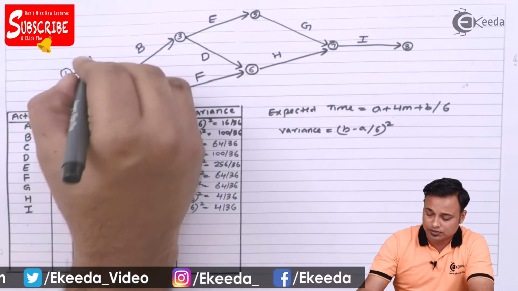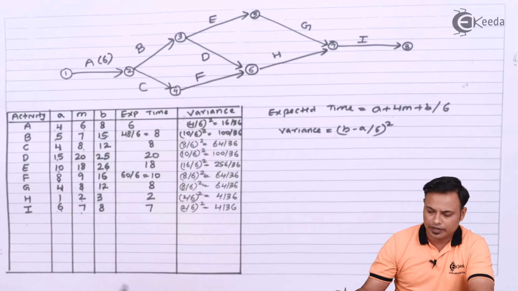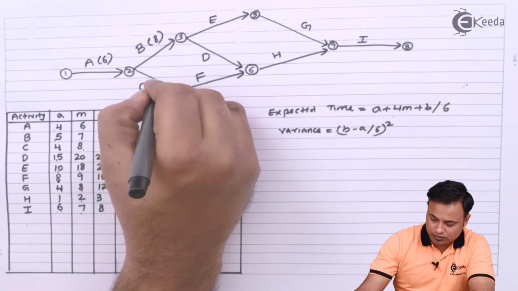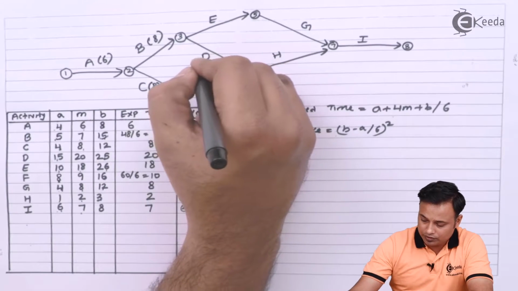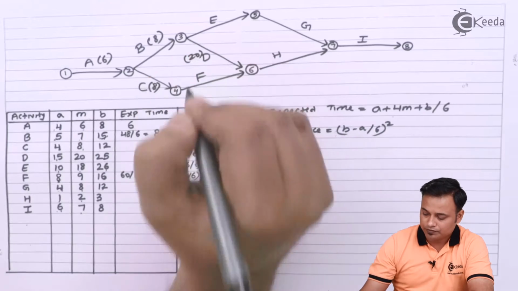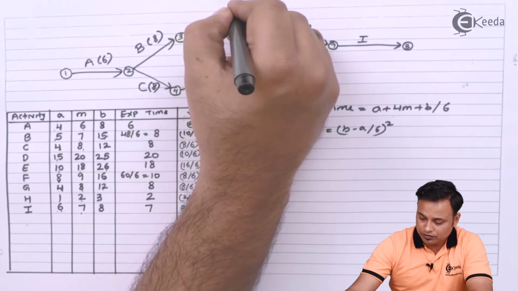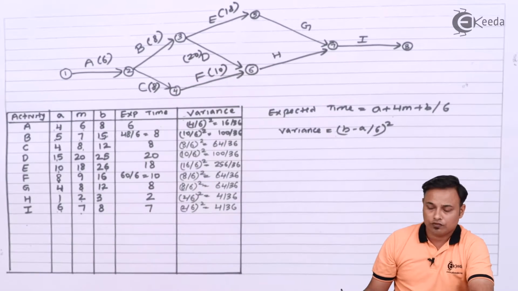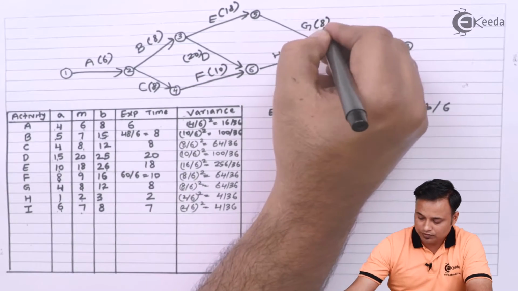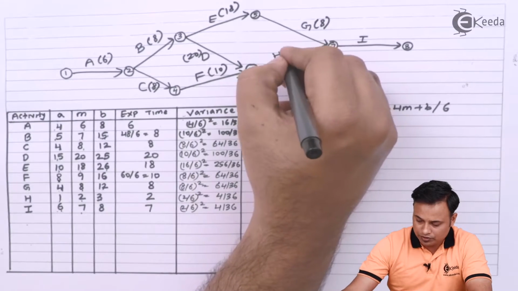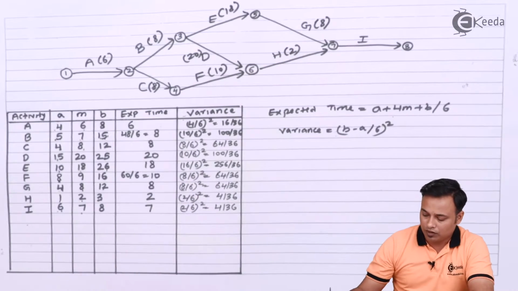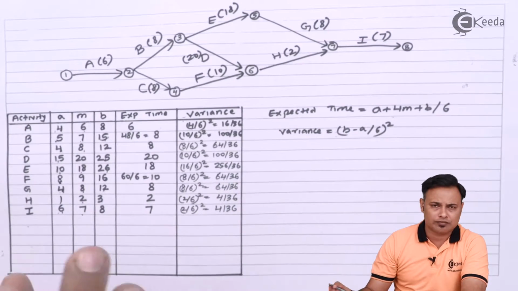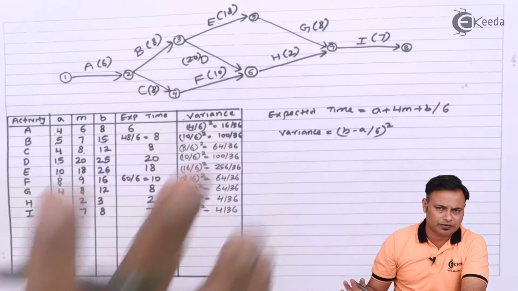For A it is 6, for B it is 8, for C it is 8, for D it is 20, for E it is 18, for F it is 10, for G it is 8, for H it is 2, and for I it is 7. So we are done with writing the expected time against the activities.